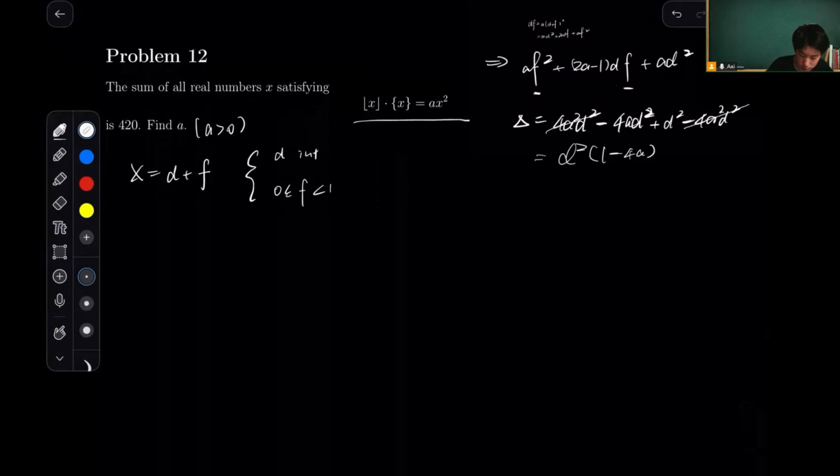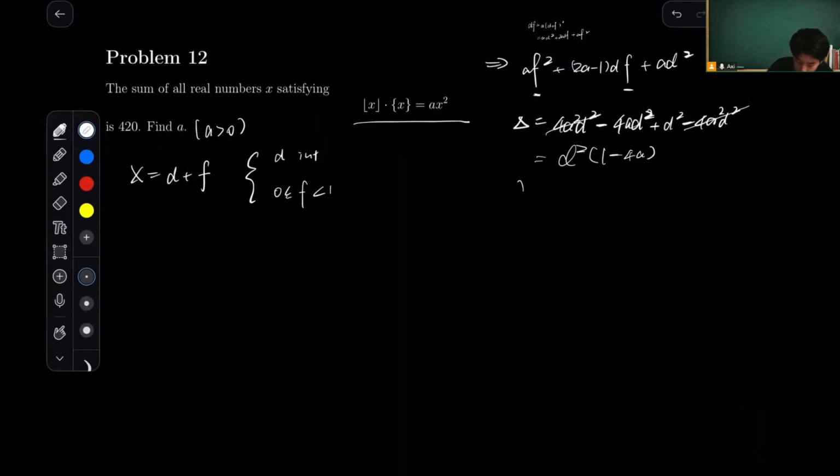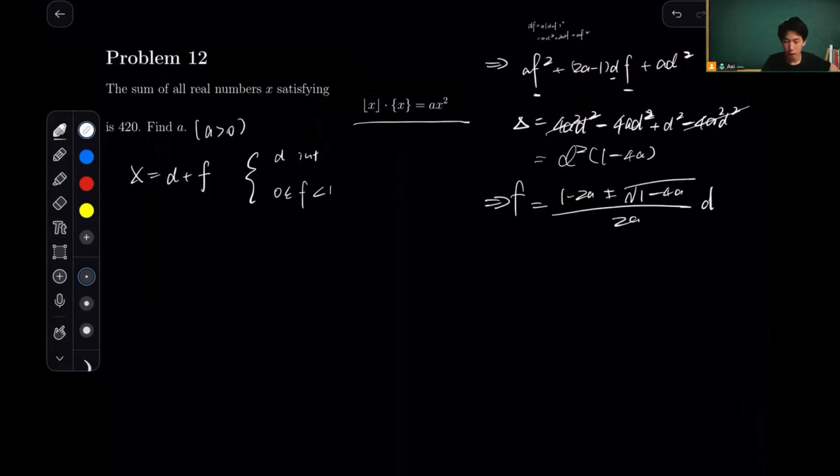This is the discriminant. Then we can plug this into what we have concluded. So f is equal to (1 minus 2a plus or minus the square root of 1 minus 4a) over 2a, times d, because there's a d from the discriminant, and there's also a d from the original coefficient of the first degree term.